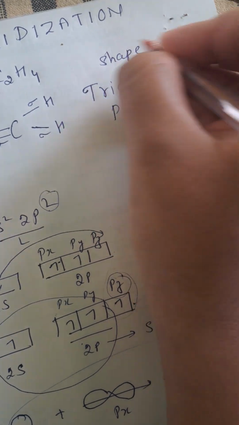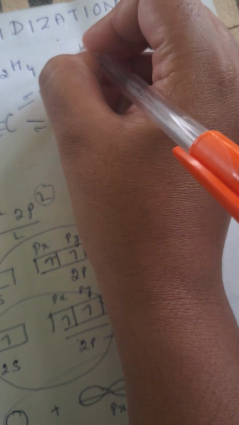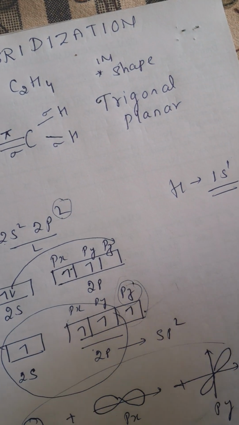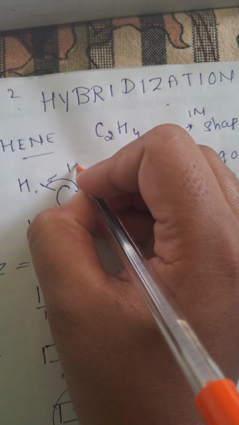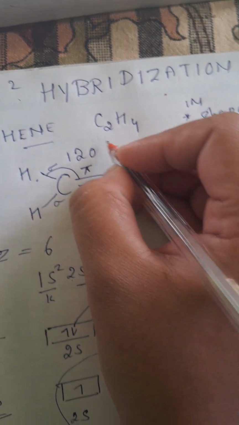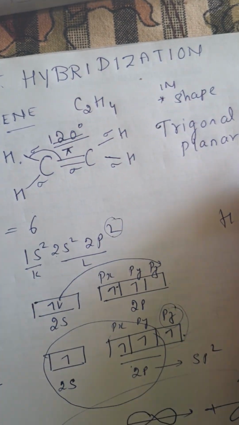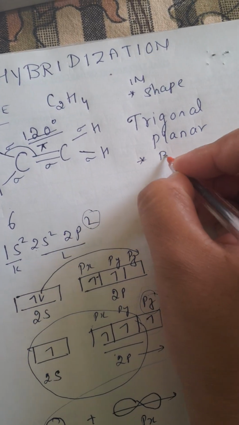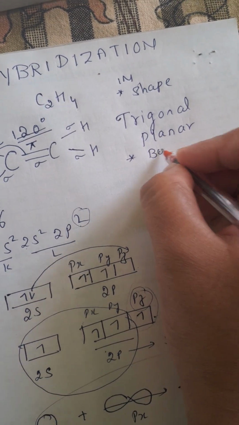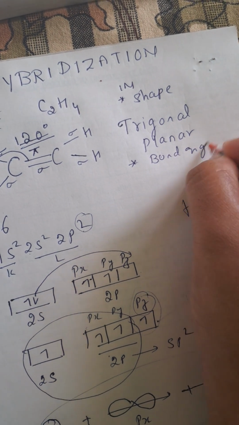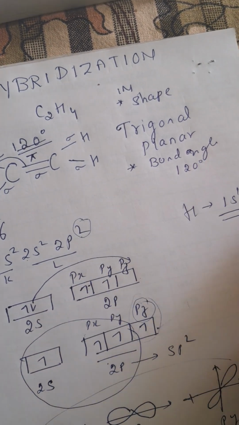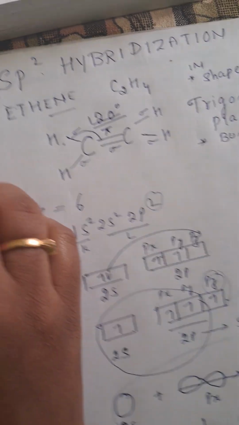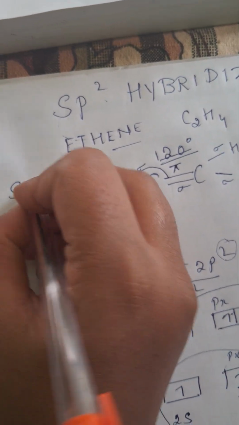So this can be asked as a 1 mark question. Also, what is the bond angle? If you see, the bond angle is 120 degrees. So remember the bond angle is 120 degrees, followed by the composition of sp2.